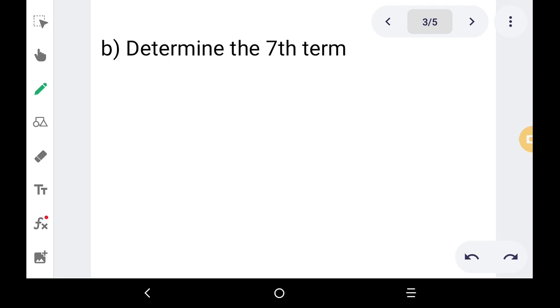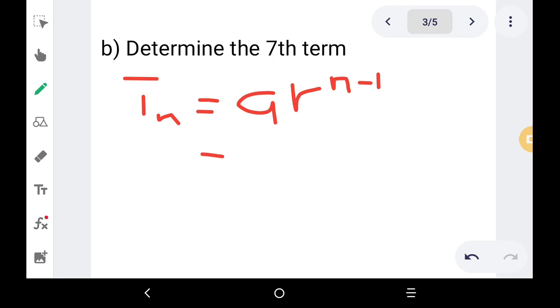Determine the seventh term. How do we determine the seventh term? Again, we use our general formula, Tn equals a r^(n-1), which means we are looking for T7.